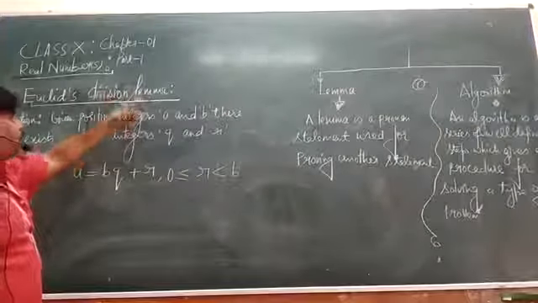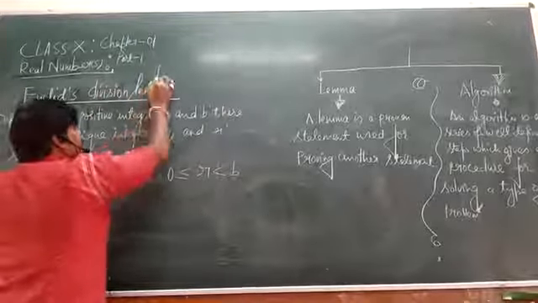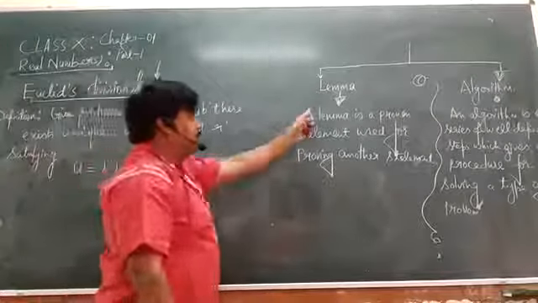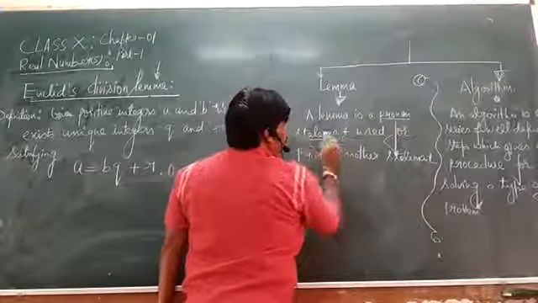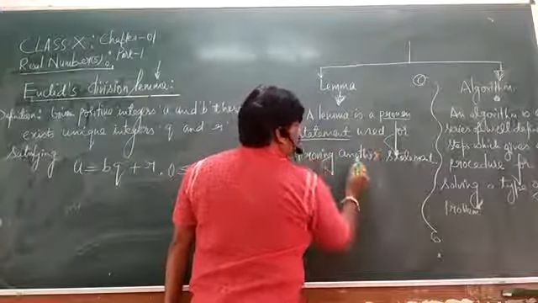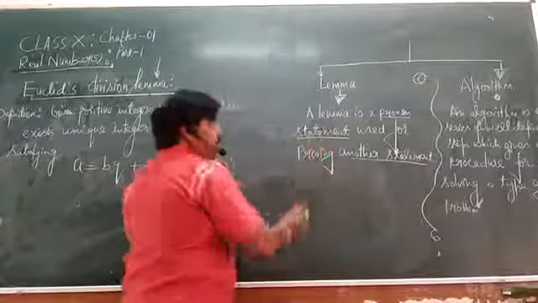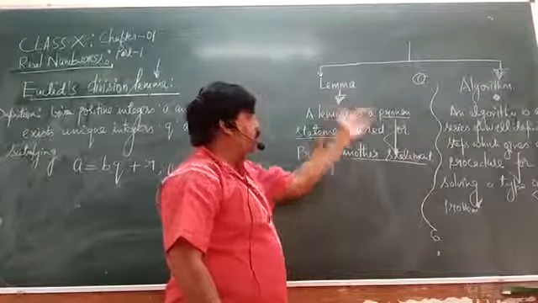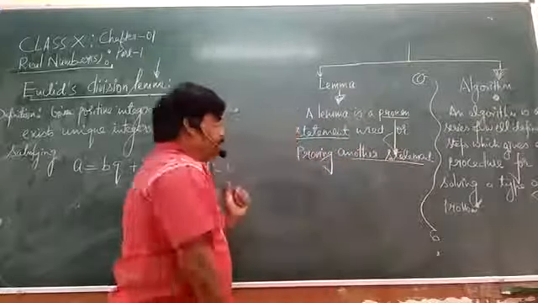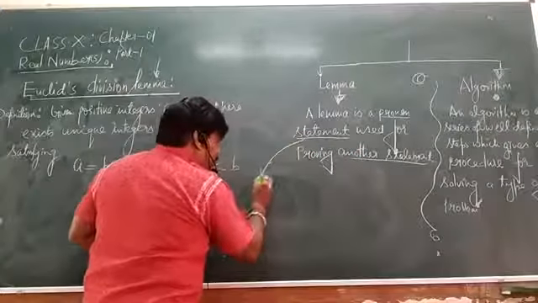But before understanding this, we will discuss the lemma. Lemma means what? So look at here. A lemma is a proven statement used for proving another statement. A lemma is nothing else, it is a proven statement, and we use that statement to prove another statement. But first of all, we will discuss what a statement means.